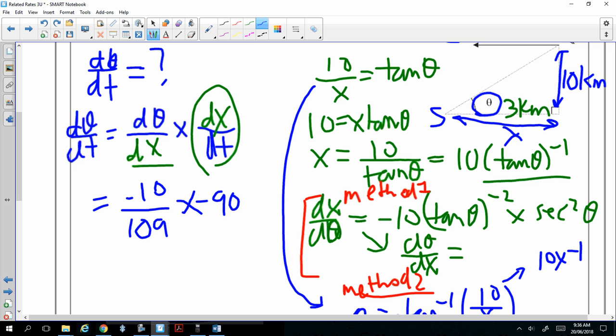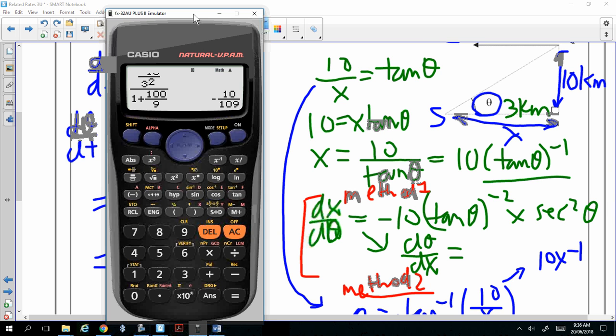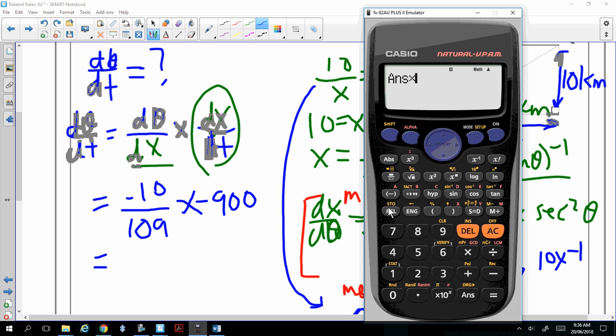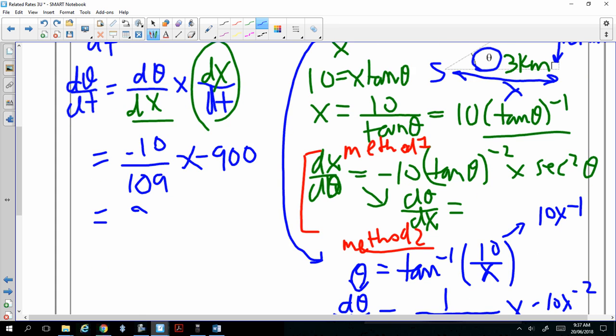Okay, that will be in radian per hour, because every time you involve calculus, the angle is always in radians. And it's positive because it's turning, isn't it? As you can see, it's turning that way, it's positive.